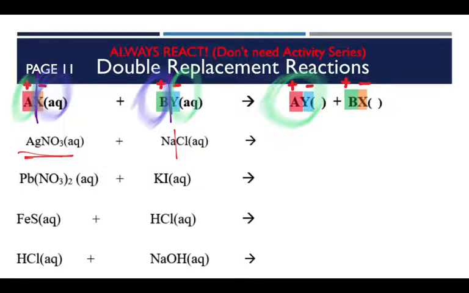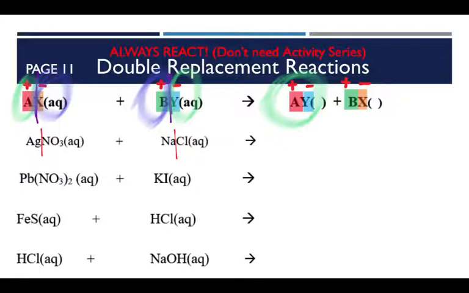But the truth is, it shouldn't be that hard, especially if you recognize your polyatomics from the back of your periodic table, because those special groups from the back of our periodic table are never going to get broken up. They react and move around as a group. So if you look at the back of your periodic table, NO3 is one of those special groups. It's nitrate.